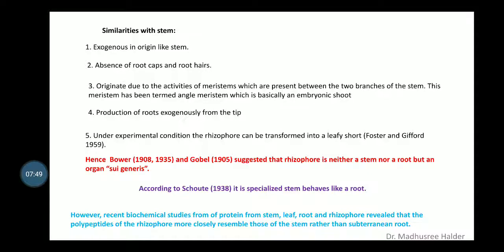But recent biochemical studies from the protein extraction of stem, leaf and rhizophore revealed the fact that the polypeptides of rhizophore more closely resemble those of stem rather than subterranean root of Selaginella.